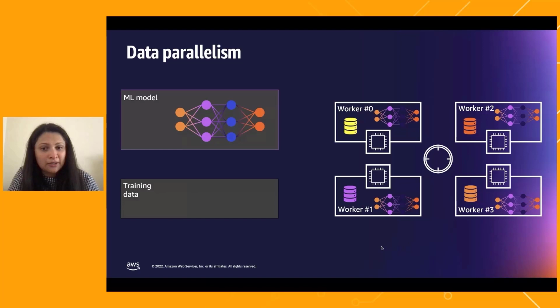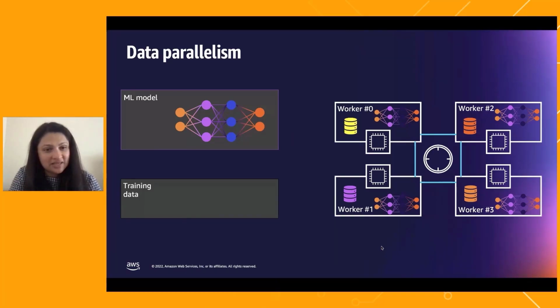Once the model has converged on that subset, which is called a mini batch, the new model parameters, or what we call the gradients, are communicated across all of the worker nodes, so that at the end of that communication phase, all the worker nodes in your cluster have the updated model parameters.